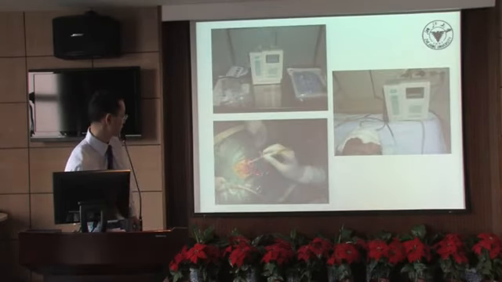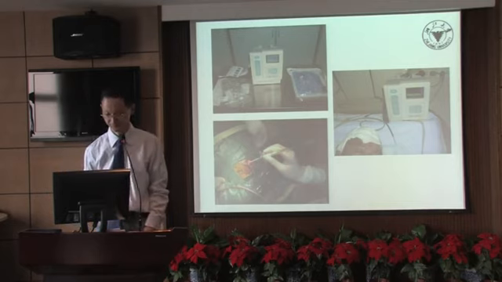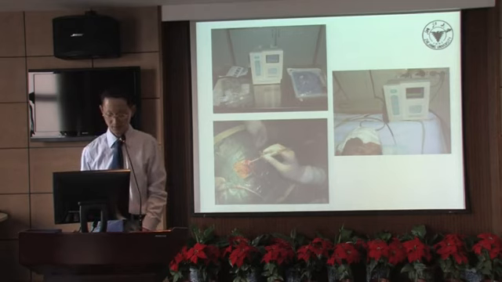This picture shows how the doctors put in intraventricular catheters, and this is the monitor. The ventricular catheter is generally preferred because it's assumed to be the most accurate, and the CSF can drain to decrease ICP.